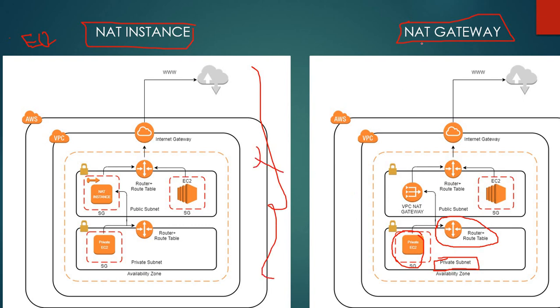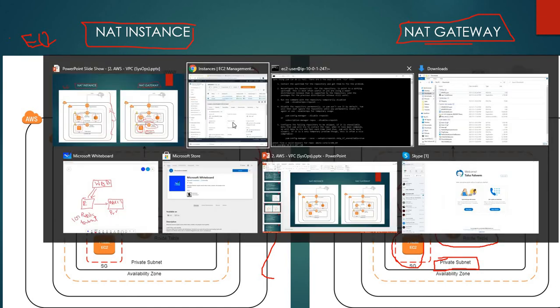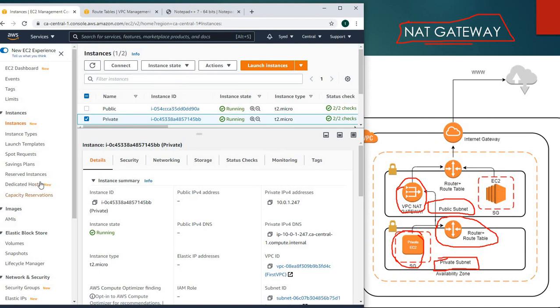In order to provide a public route, we need to deploy the NAT gateway into a public subnet here. So now we need to go and configure a NAT gateway.